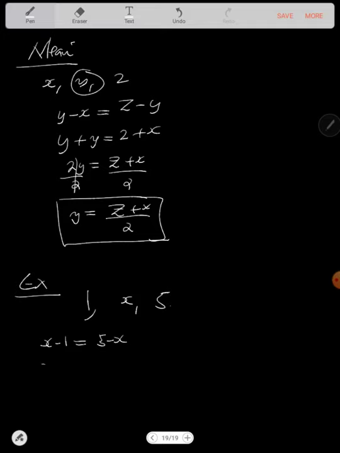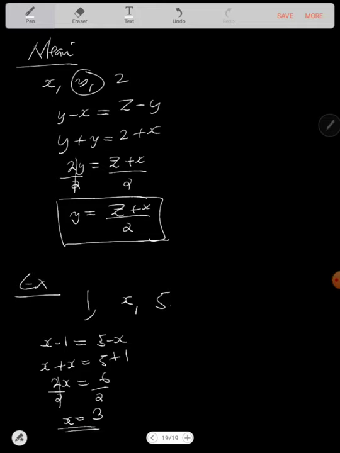So x goes to the other side and becomes plus x, and this 1 goes to the other side and becomes positive 1. So 2x is equal to 6, over 2 over 2. So x is equal to 3.